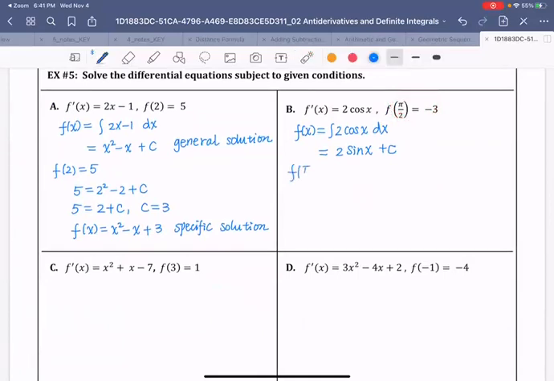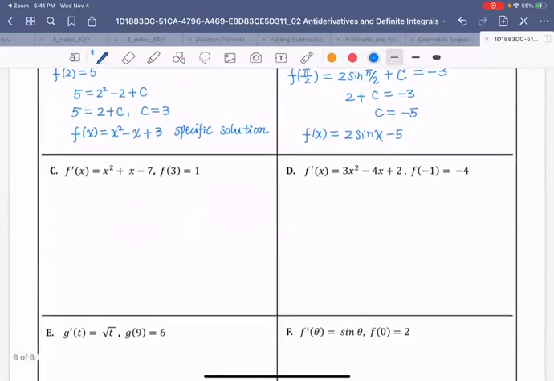F of pi over 2 equals 2 times sine pi over 2 plus C equals -3. So 2 plus C equals -3. C equals what? -5. Oh, oops. Okay. Yeah, let's do D.